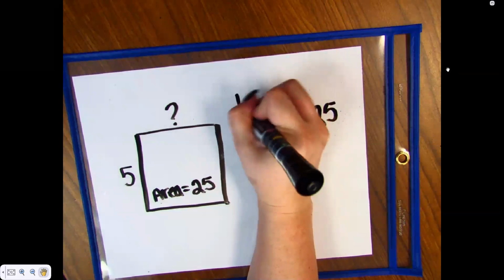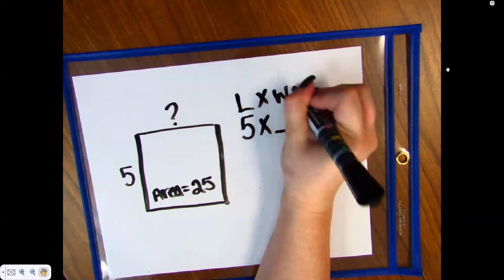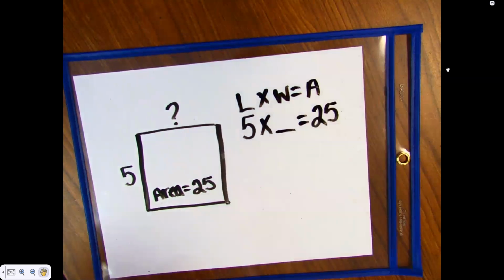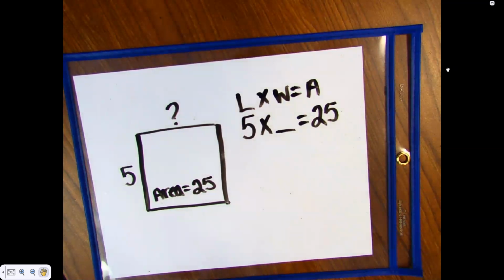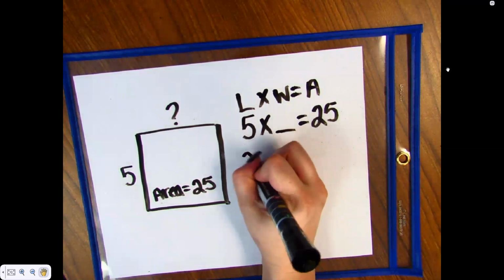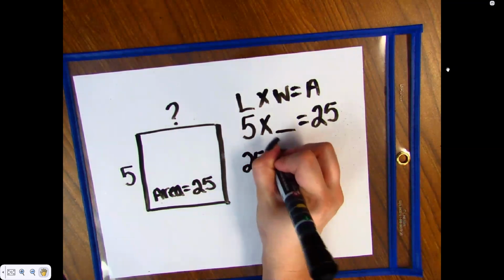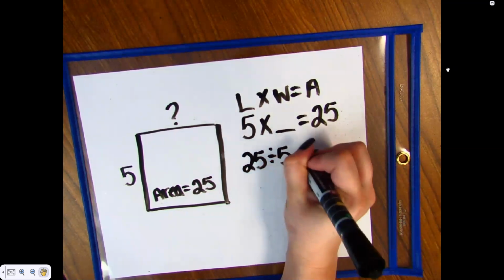Okay, we have length times width. You can fill in the blank as 5. Okay, well, you know 5 times 5 is 25. Okay. Well, what if I don't know that though? Raiden, what would I do? You would divide it. You could do 25 divided by 5.